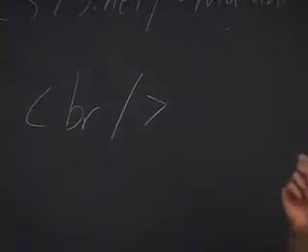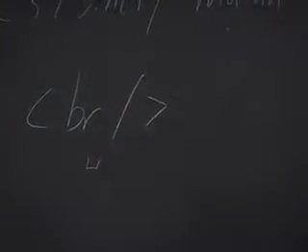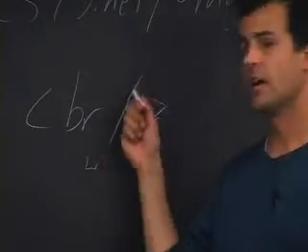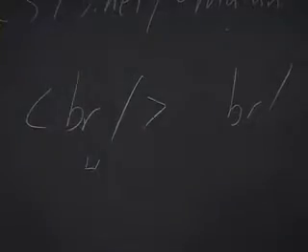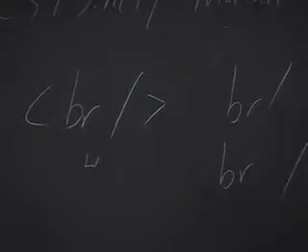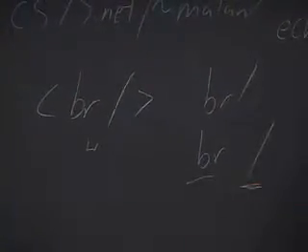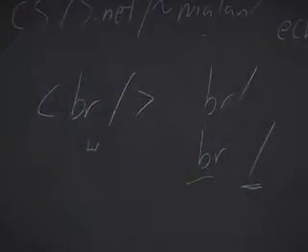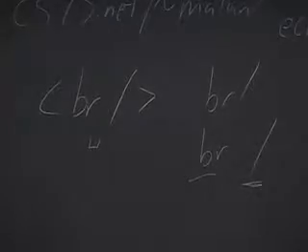In the world of XHTML, but not really in XML, people will usually leave a space here, although this is decreasingly necessary, because some browsers might not know what BR slash is, but will know what BR is, and if it sees space slash, the only part it's going to ignore is this, but it will still understand the BR. But frankly, in 2009, this should be decreasingly necessary. Although you'll see in my code, I still do it out of habit. There's no downside other than the waste of a byte.